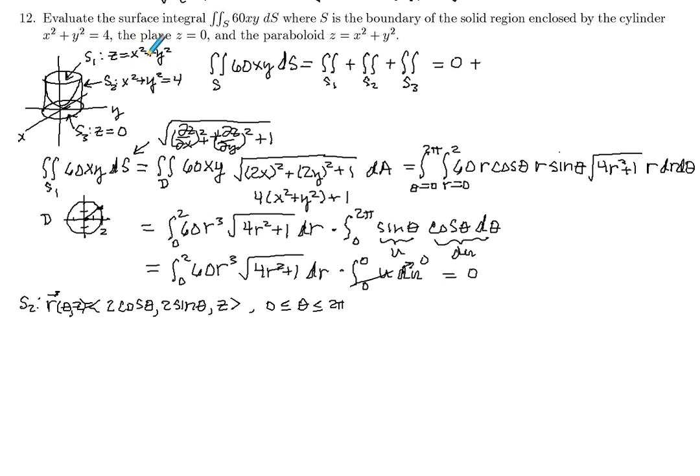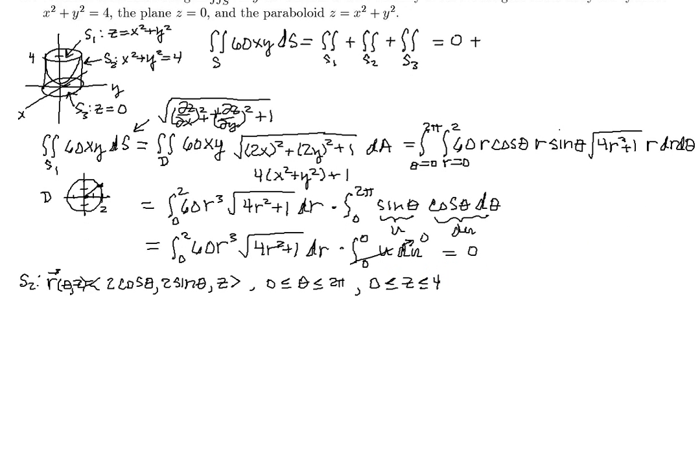So z equals 4 is this top plane, at height 4. So 0 less than or equal to z less than or equal to 4. There's our parametric surface.